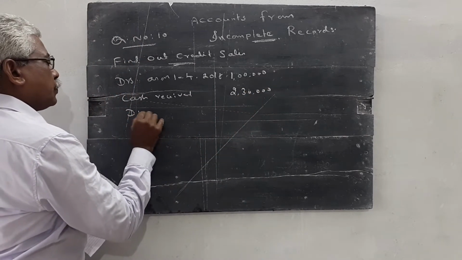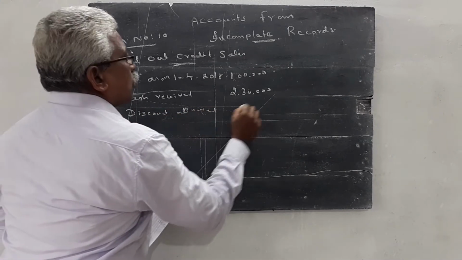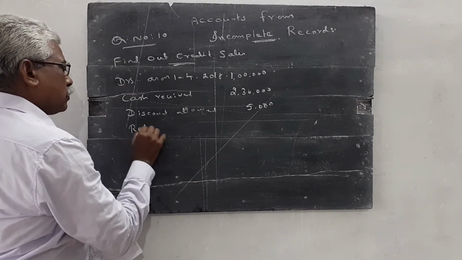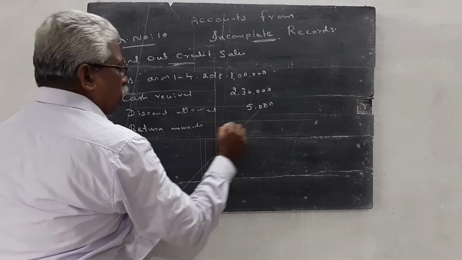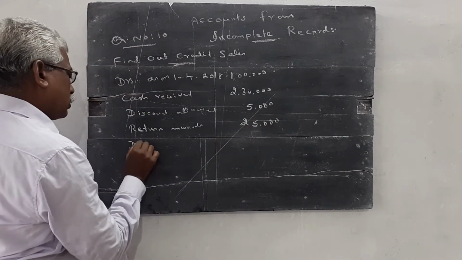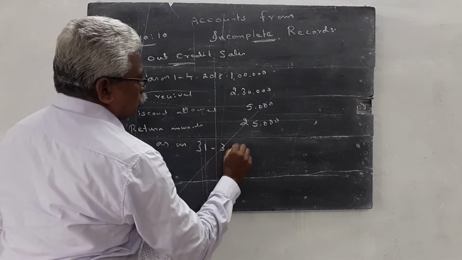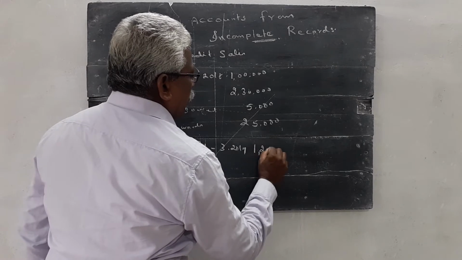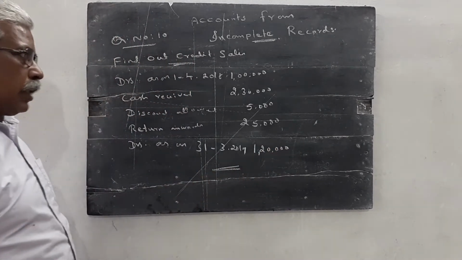Discount allowed, 5,000. Return inwards, 25,000. Debtors as on 31/3/2019, 1,20,000. These are the information given in the question.